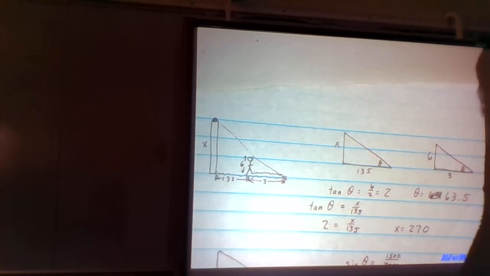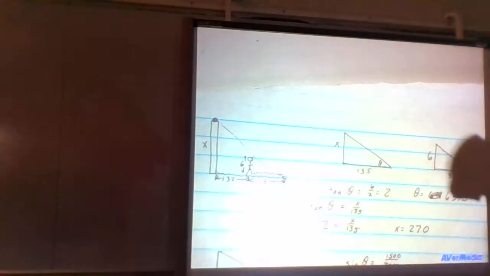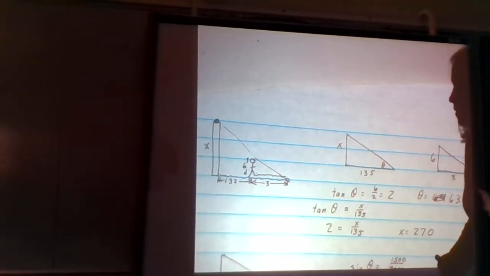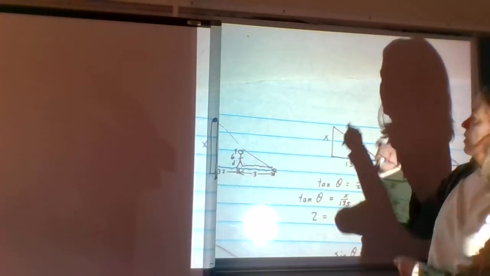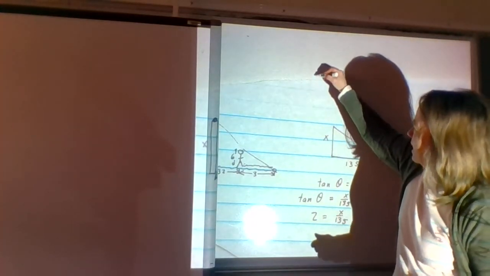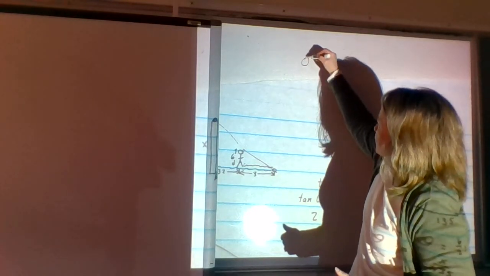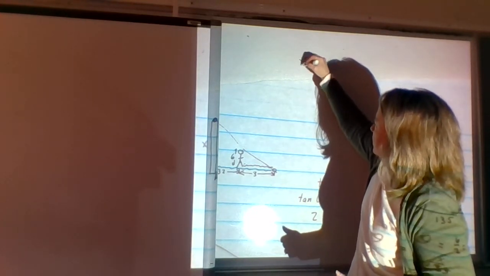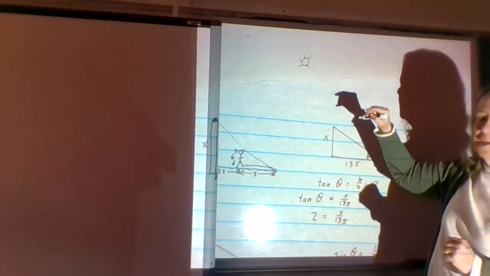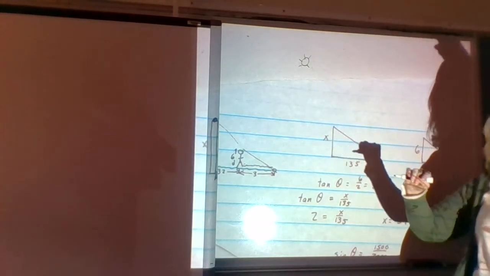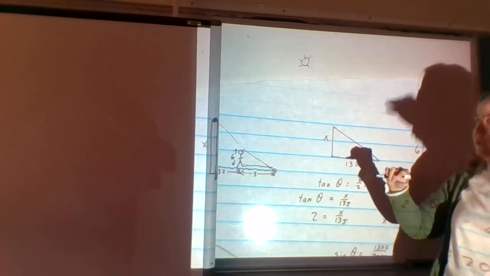So if I said an angle of elevation, if I have, here's the sun. I don't think it comes up on this problem, but in later problems it does. And I look at an angle of elevation.